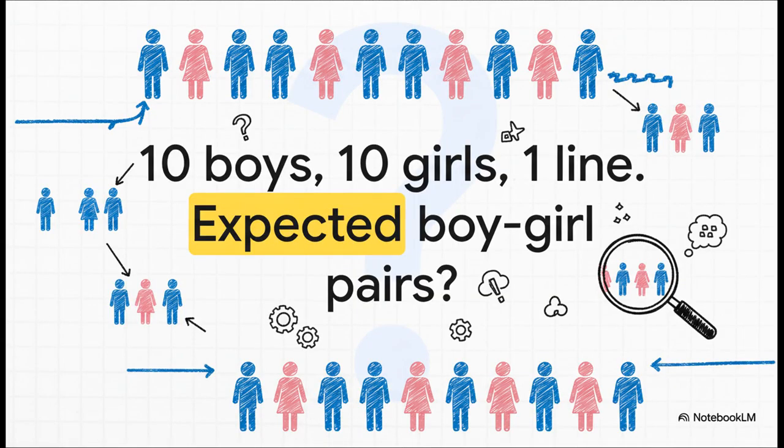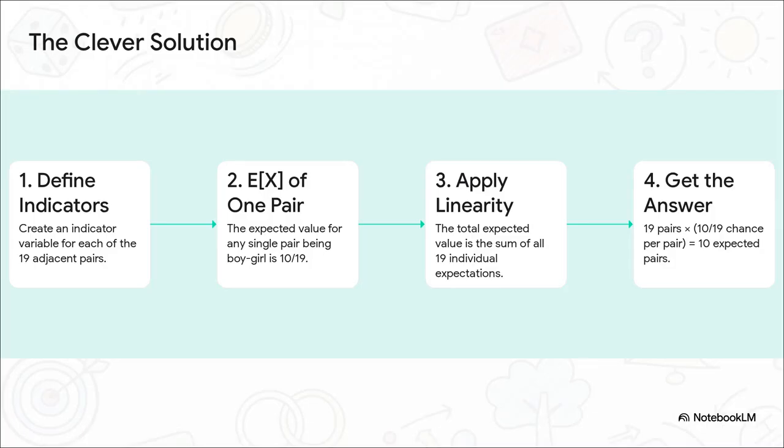So, to see this superpower in action, let's try a problem that seems, well, pretty tough. Imagine a random line of 10 boys and 10 girls. What's the expected number of times you'll see a boy and girl standing next to each other? I mean, if you try to map out every single possible arrangement, it would be a total nightmare. But with linearity, the solution is just beautiful. We ignore the whole complicated line and just look at one single adjacent pair.